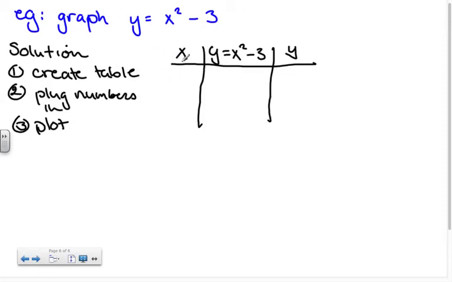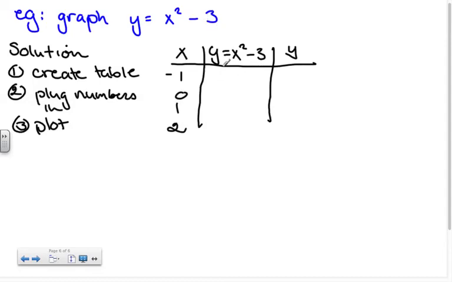Whenever you see a squared, you're going to want to use some negative numbers. So we're going to use -1, 0, 1, and 2. Whenever you see a squared or fourth, you're going to want to use some negative numbers because that's going to be a mirrored graph, and I'll show you what this looks like.